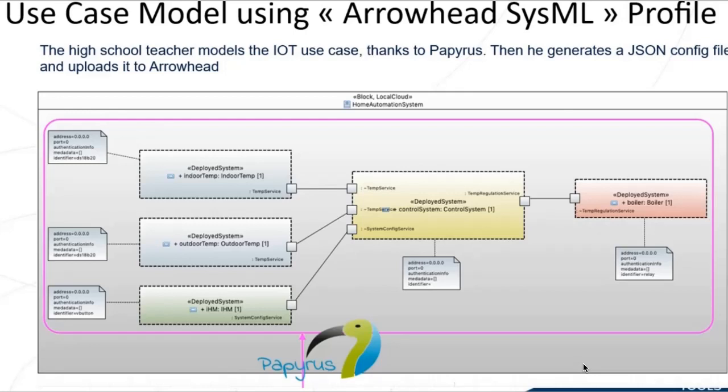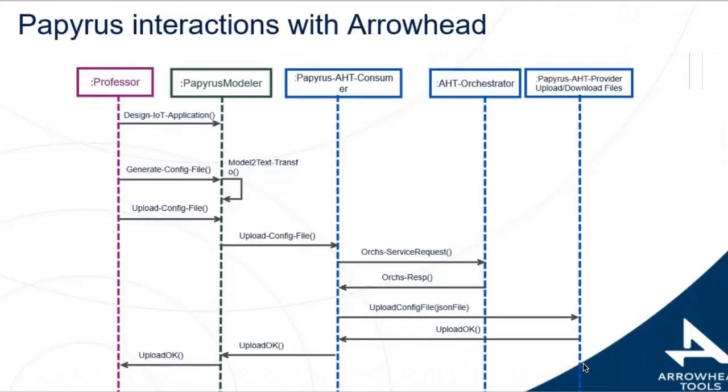From this model, a professor will generate a configuration file that will be uploaded to the Arrowhead local cloud, and then students can download this file from the Arrowhead local cloud. So Papyrus and Blockly are able to communicate together using the Arrowhead framework.